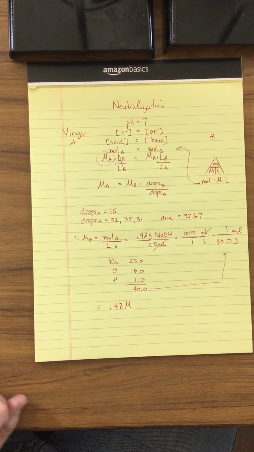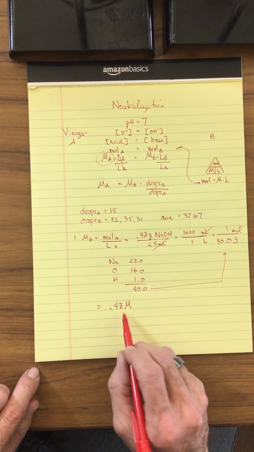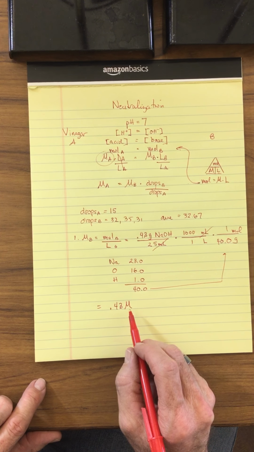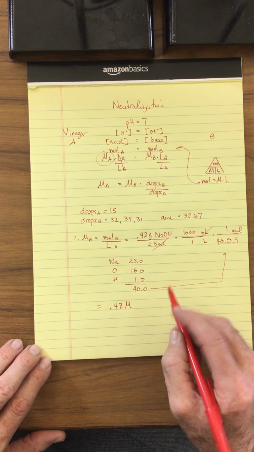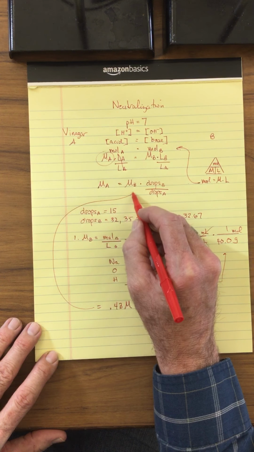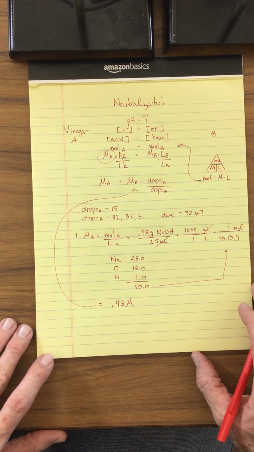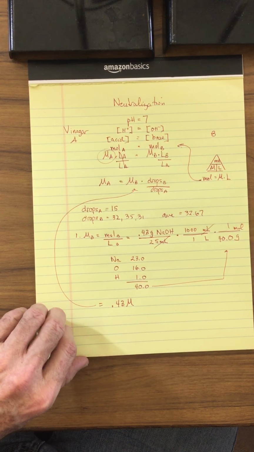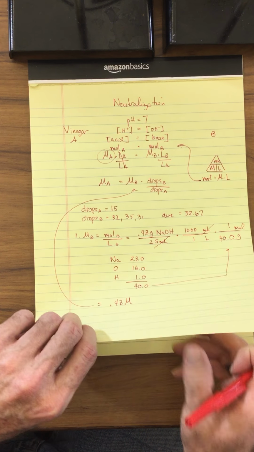So now I have 0.43 molar. That's the concentration of my base. And so I can now plug this back in up here, and then I can calculate the molarity of my acid.